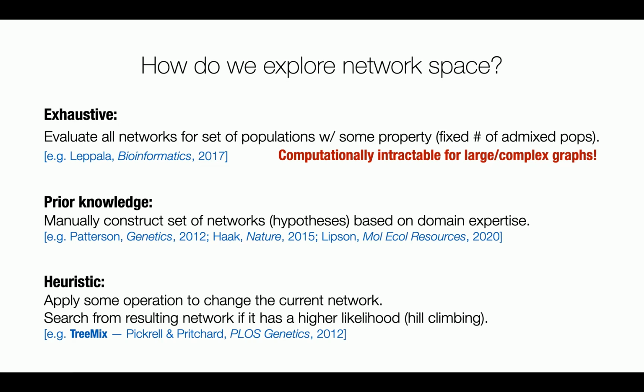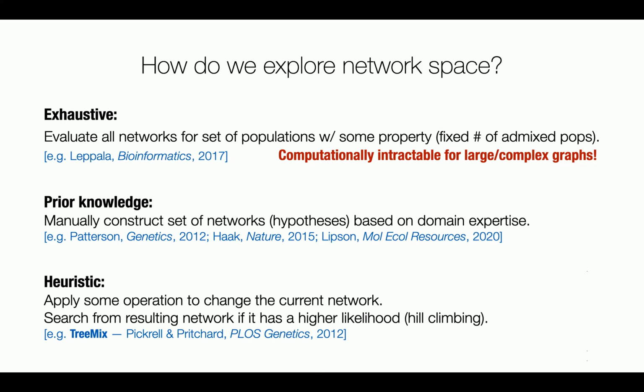Alternatively, search heuristics have been developed in an effort to automate this search process while being computationally efficient. For example, in a likelihood-based framework, we could apply some operation to change the current network topology. Then we would fit the numerical parameters to the updated topology and search from the resulting network only if it has a higher likelihood than the initial network.